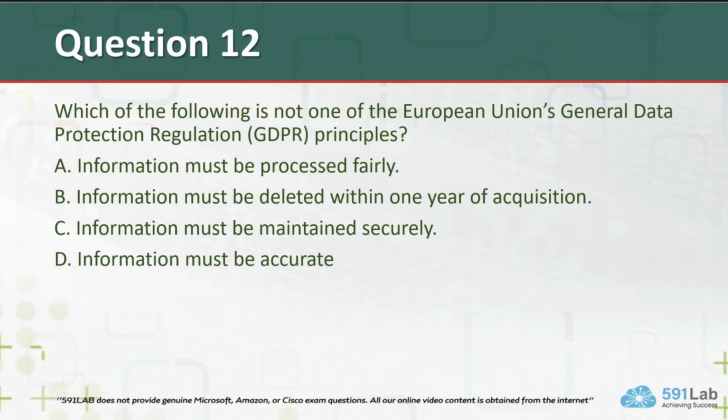So all of the information here is correct except one. Of course information must be processed fairly, must be accurate and maintained securely. But here the answer B, must be deleted within 1 year of acquisition.